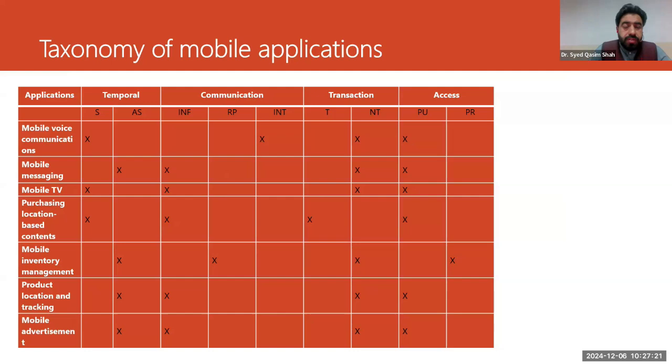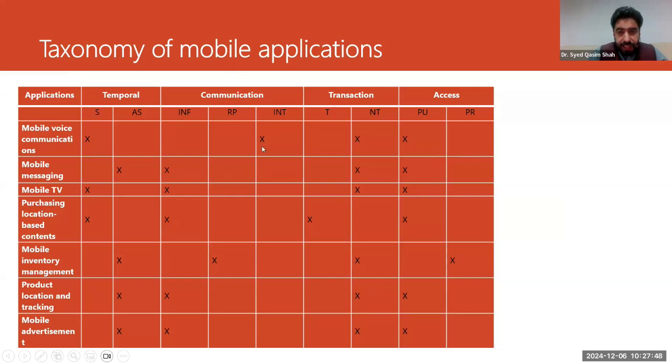Now, a taxonomy of mobile applications. Let's say what was the application, what was the temporal purpose, was it for communication purpose, transition purpose, transaction purpose, or access purpose. So there are different mobile applications we know, like mobile voice communication, so temporal.